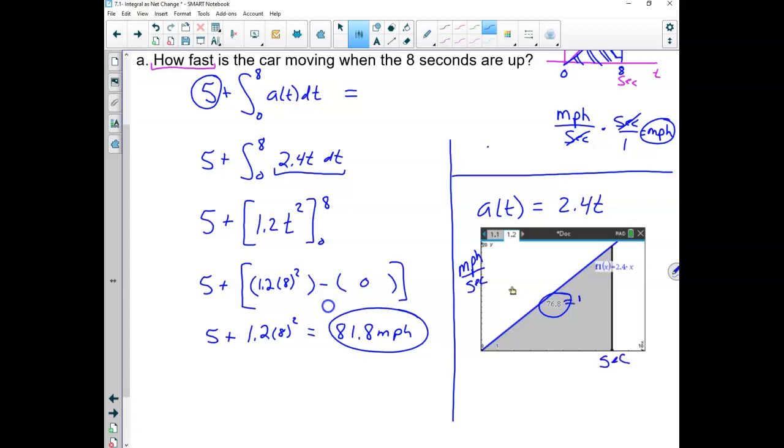That's going to give me miles per hour underneath the curve. And that's what I accumulated from 0 to 8, plus my 5 that I started with. That's going to give me my speed of 81.8 miles per hour. Okay? So that's another way to get it.